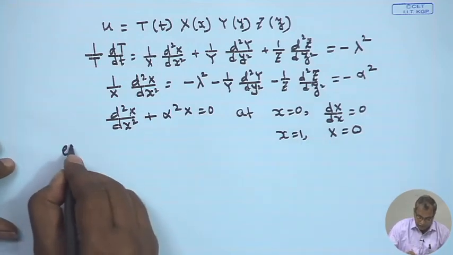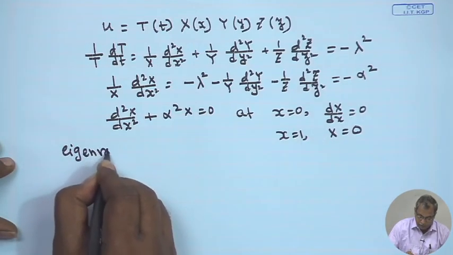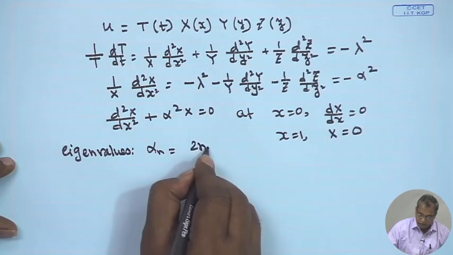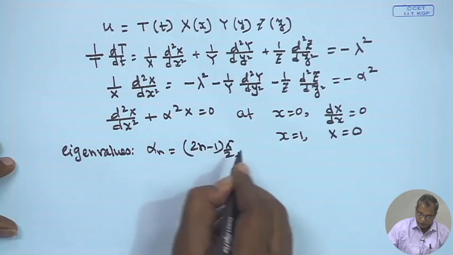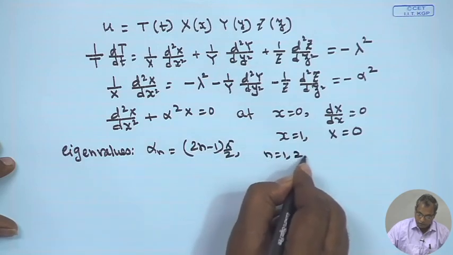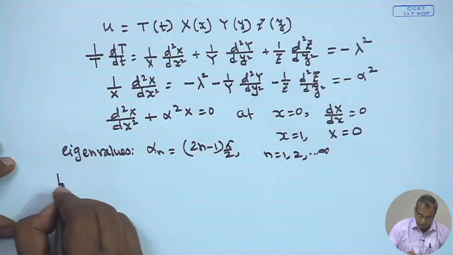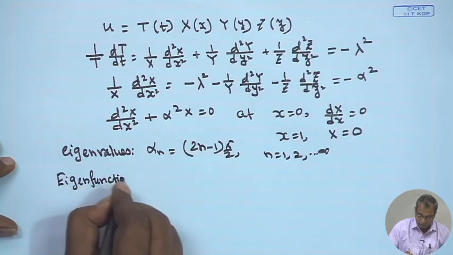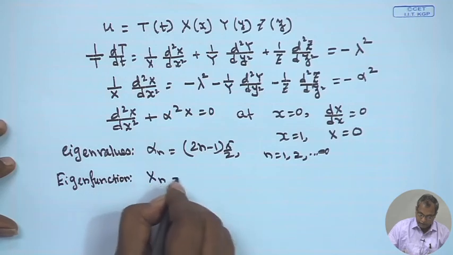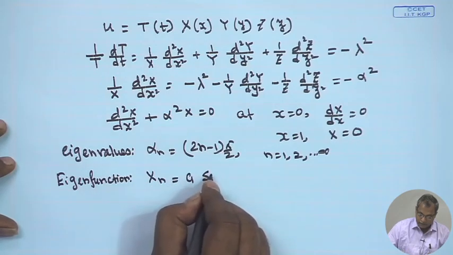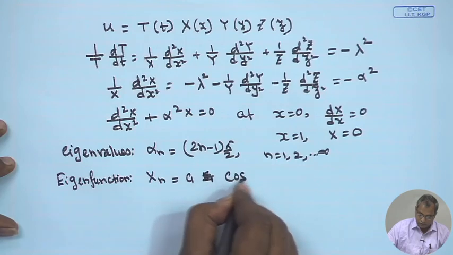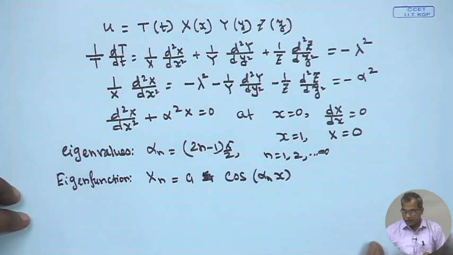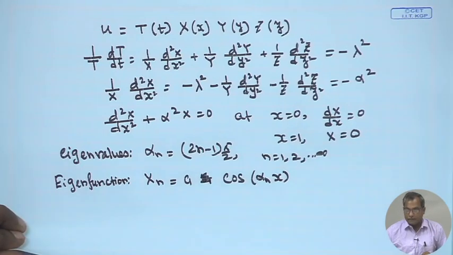The eigenvalues are alpha n equal to (2n minus 1) pi by 2, where n runs from 1 to infinity, and the eigenfunctions are X n, there will be cosine functions, so cosine alpha n x. Now, that completes the x varying part.